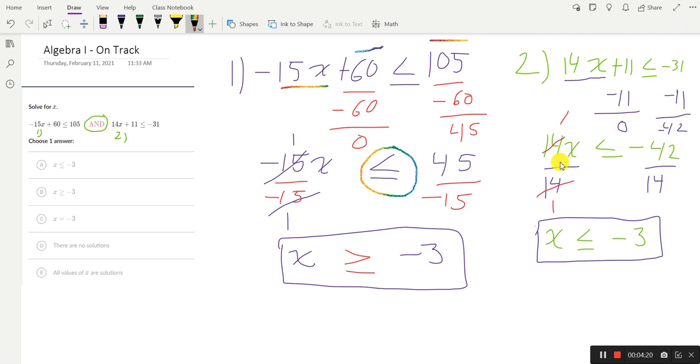Now, since we have 14 multiplied by x, we divide by 14 on both sides of the inequality. So 14 divided by 14 is 1, and here negative 42 divided by 14 is negative 3 again. So x is going to equal negative 3 or be less than negative 3.